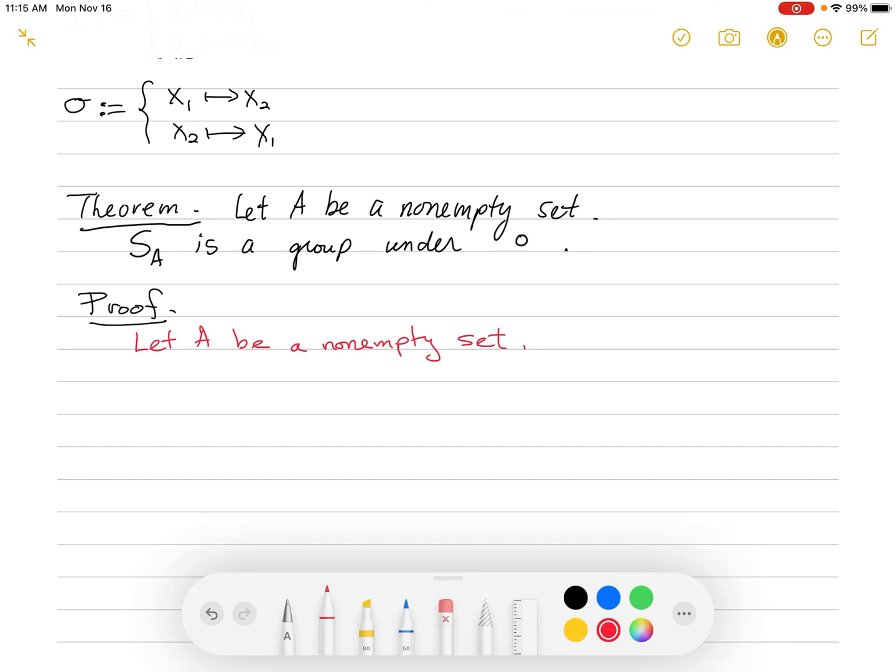So you know you always have the identity permutation. So note I of x equals x is a permutation.